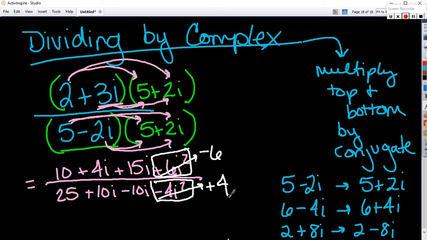All right, look up top. Add the numbers without i together, and what do you get? 4. Add the numbers with i together. 19.